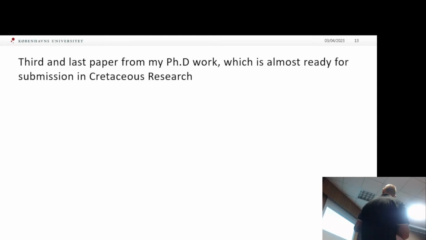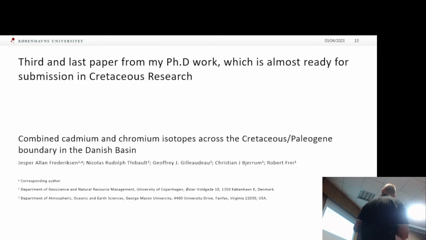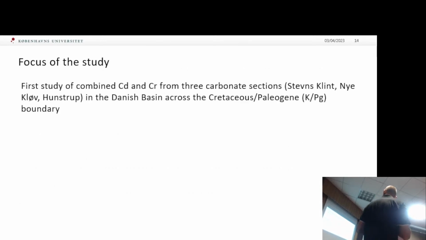So the third and last paper from my PhD work, which is almost ready for submission, regarding the Danish basin across the Cretaceous Paleogene boundary, is the first study of combined cadmium and chromium from 3 carbonate sections: Stevens Cliff, Nuclear, and Woodstock, all of them in the Danish basin, and all of them regarding the Cretaceous Paleogene boundary.